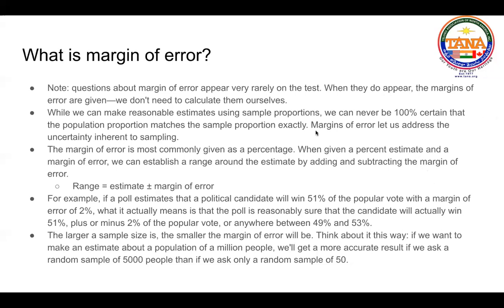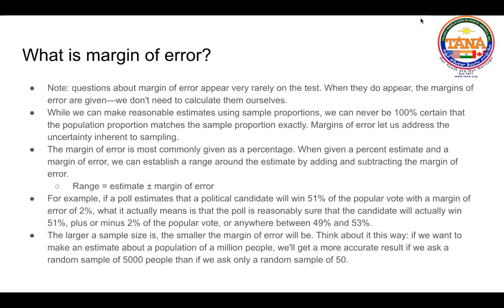The margin of error is most commonly given as a percentage. When given a percentage estimate and a margin of error, we can establish a range around the estimate by adding or subtracting the margin of error. So the range would be estimate plus or minus margin of error.